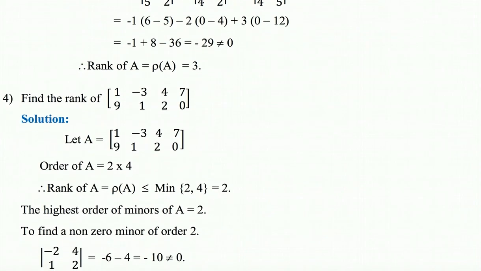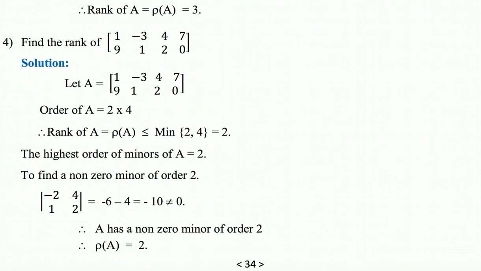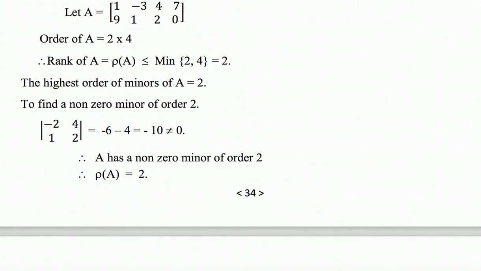Find the rank of this. This is 2 by 4. Find any second order determinant that is not 0. Take any one example out of the possible combinations; one shouldn't be 0. This is not equal to 0, so our rank is 2.